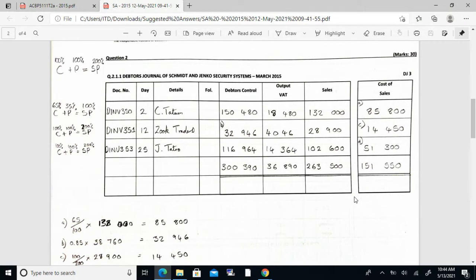Under the required, in your question paper, it's on page 5, it says prepare the following journals for March 2015. All amounts are inclusive of VAT unless VAT is not applicable. Remember, I told you guys that please, on your devices, have the question paper.